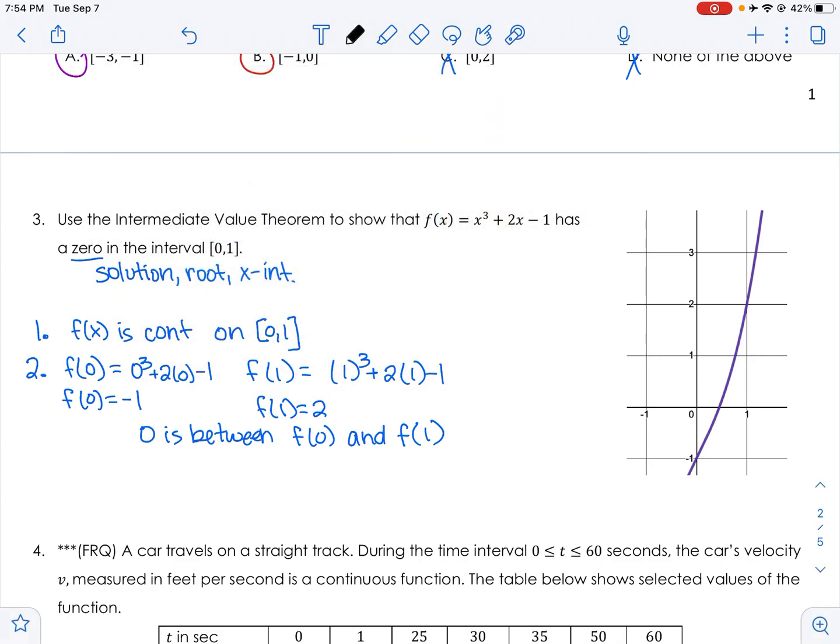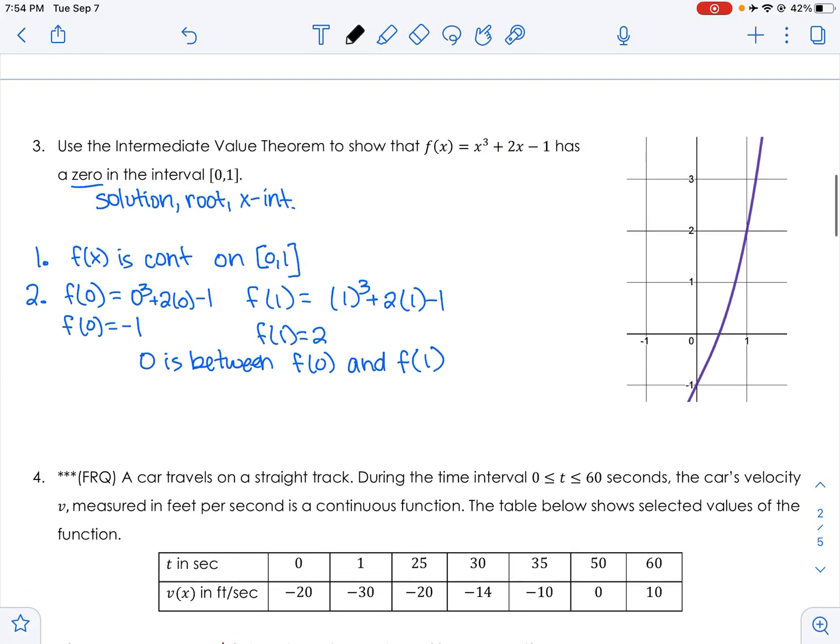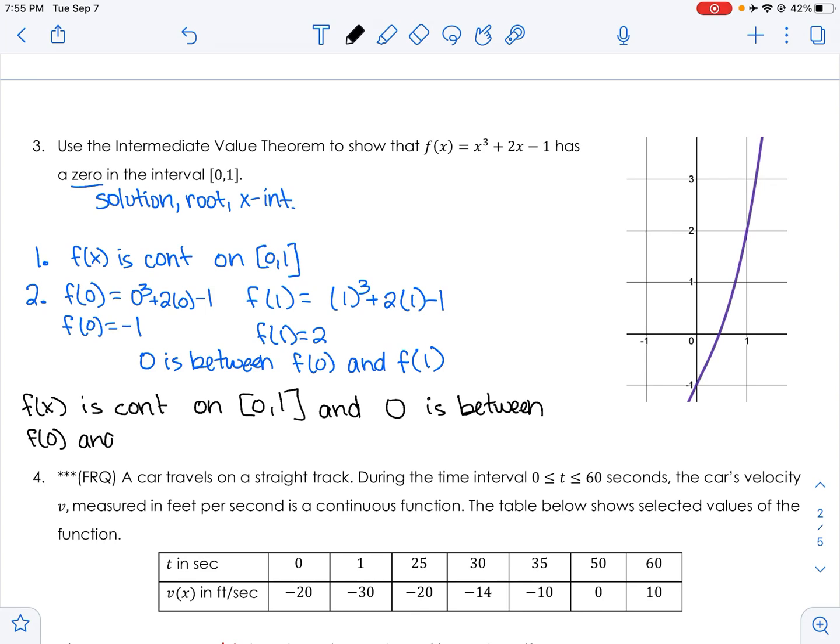So for our answer, the first part is your work. Now the actual answer, the free response part: f of x is continuous on the interval 0 to 1, and 0 is between f of 0 and f of 1.